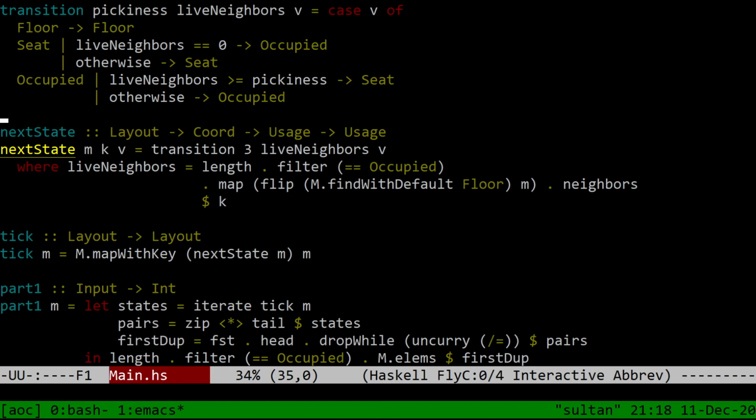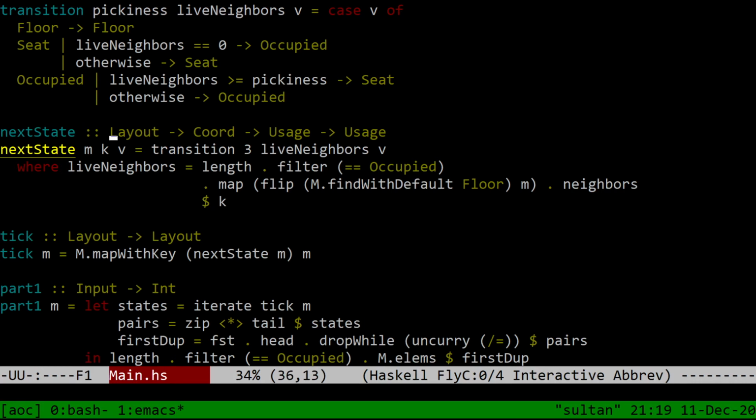I don't know, maybe it's not. Maybe what I need to take in is a function from layout and coordinate to list of usage. And each of the ticks has to handle their own looking stuff up in the map, but it's not that hard to do so.